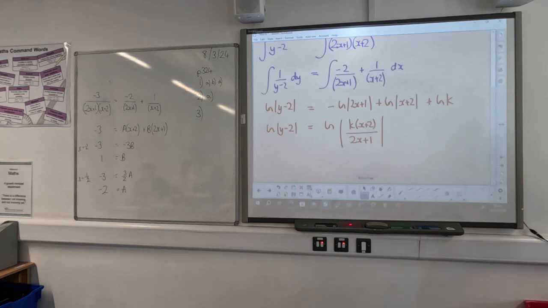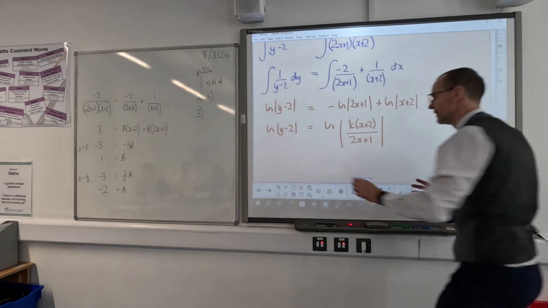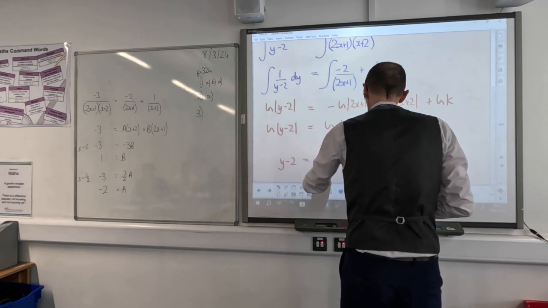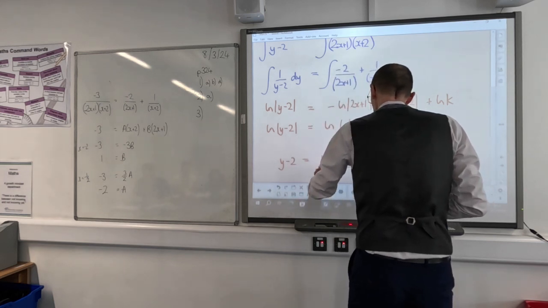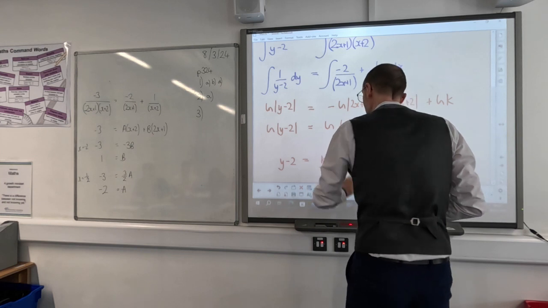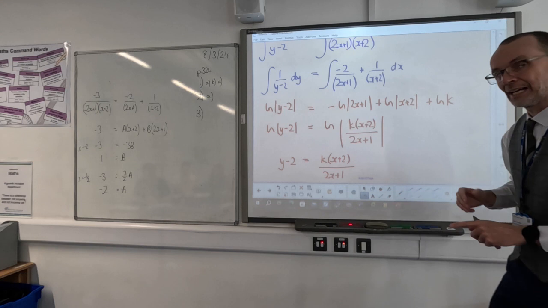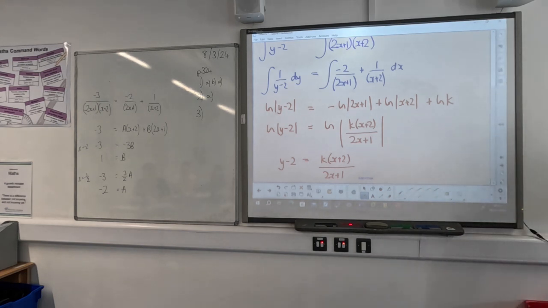And then I'm going to unlog both sides. That's bad maths. What I've done is I've taken e to the power of both sides, and then I'm just going to add 2. Now is that what they get? Right, oh, they had a condition.